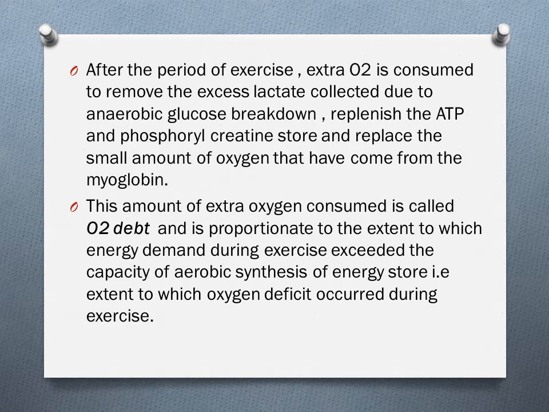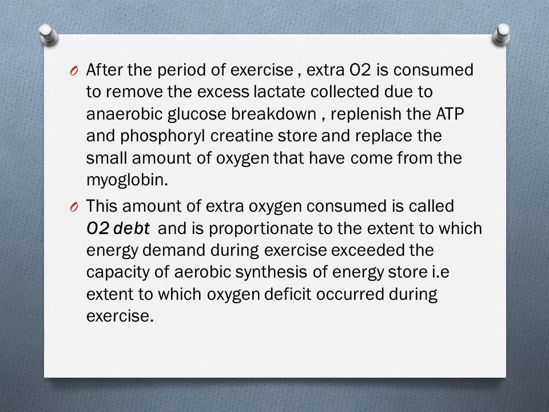After the period of exercise, extra O2 is consumed to remove the excess lactate collected due to anaerobic glucose breakdown, to replenish the ATP and phosphoryl creatine store, and to replace the small amount of oxygen that has come from the myoglobin. This amount of extra oxygen is taken by the body.